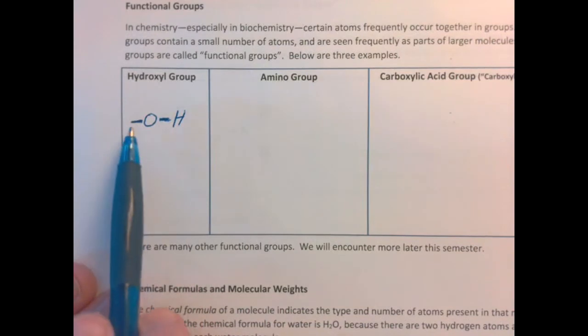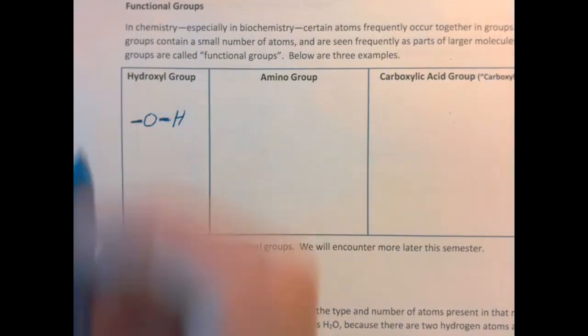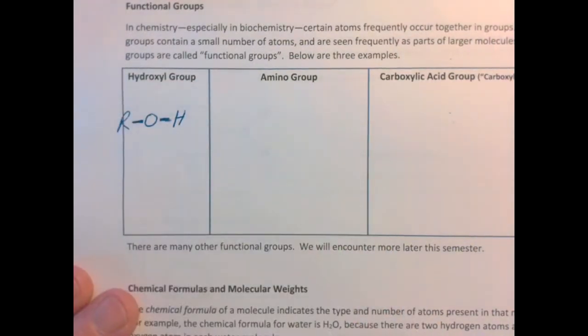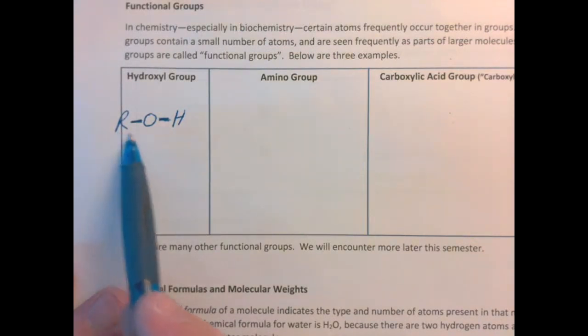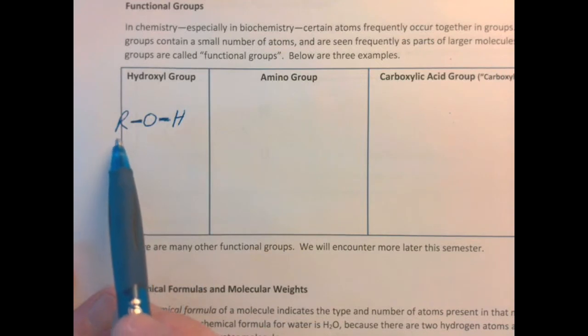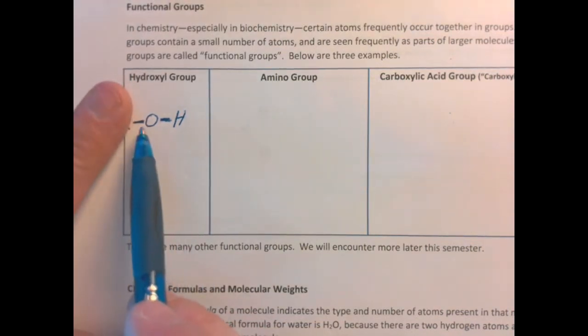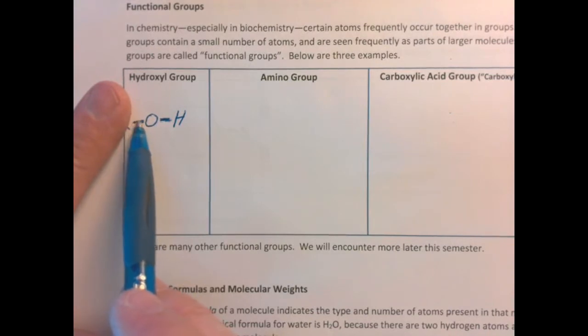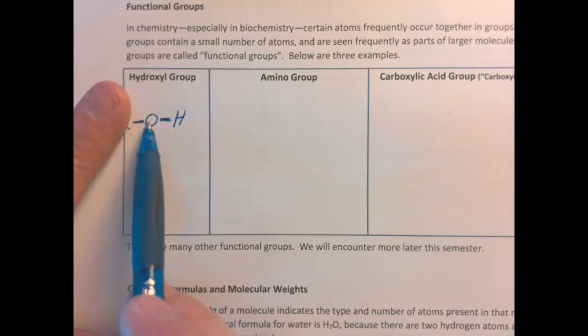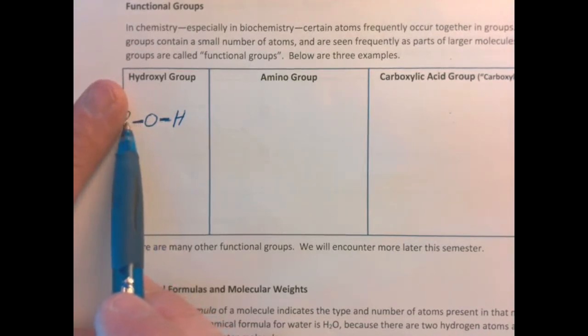You may see this very same structure drawn with the letter R over here, a capital R. If you look on the periodic table, you'll notice there is no capital R on there. There's nothing that's symbolized with a capital R. So it's used in these kinds of chemistry circumstances as a placeholder. It's a filler. It says, yes, I know that something eventually has to be linked here, that oxygen has to share an electron with somebody else.